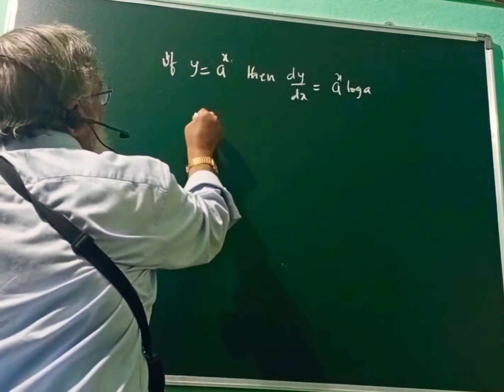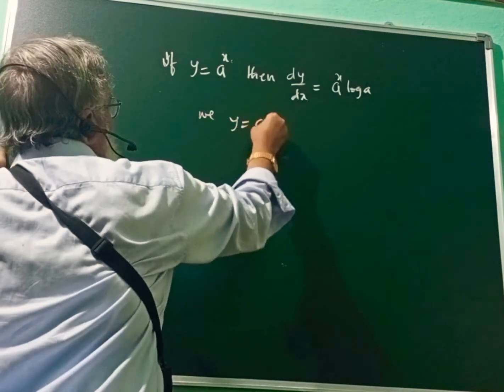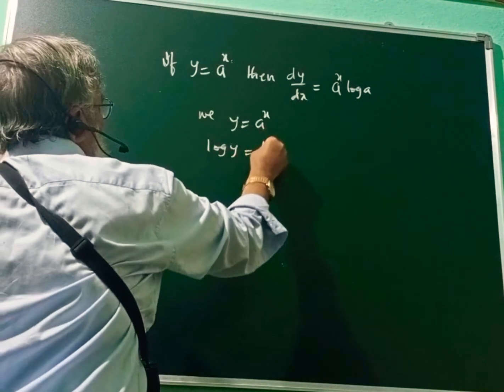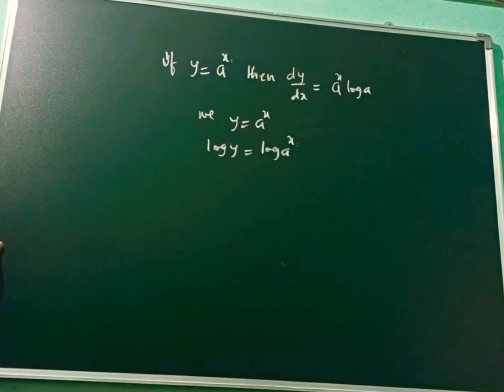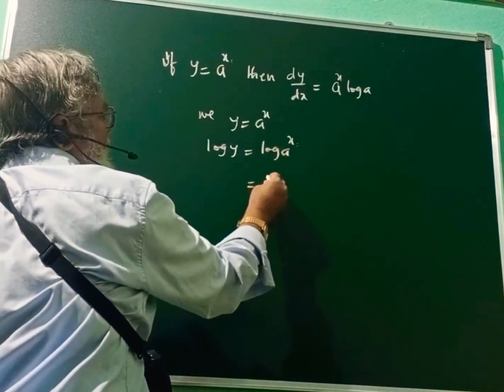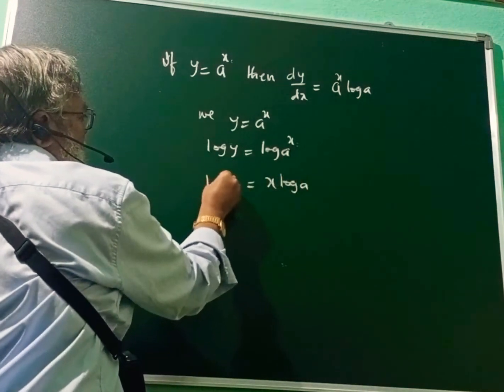We have y is equal to a raised to x. Applying log on both sides, log y equals log of a raised to x. By the third theorem of logarithm, we can write x into log a.